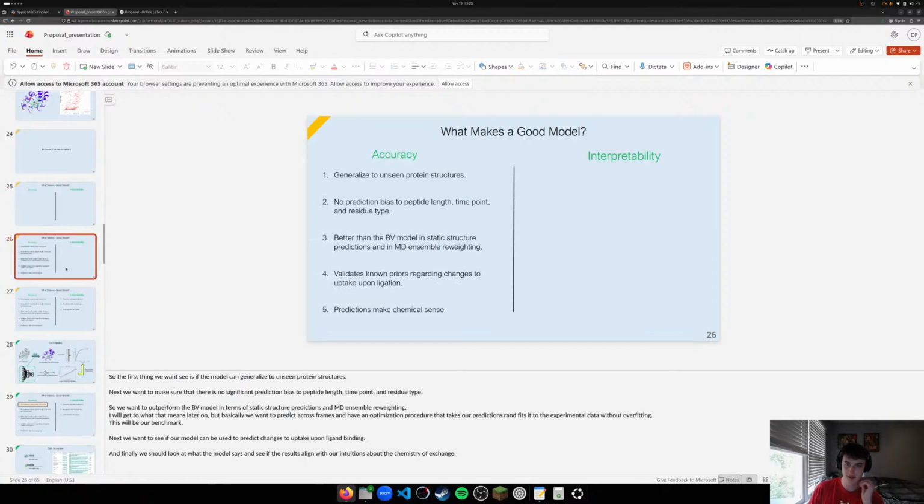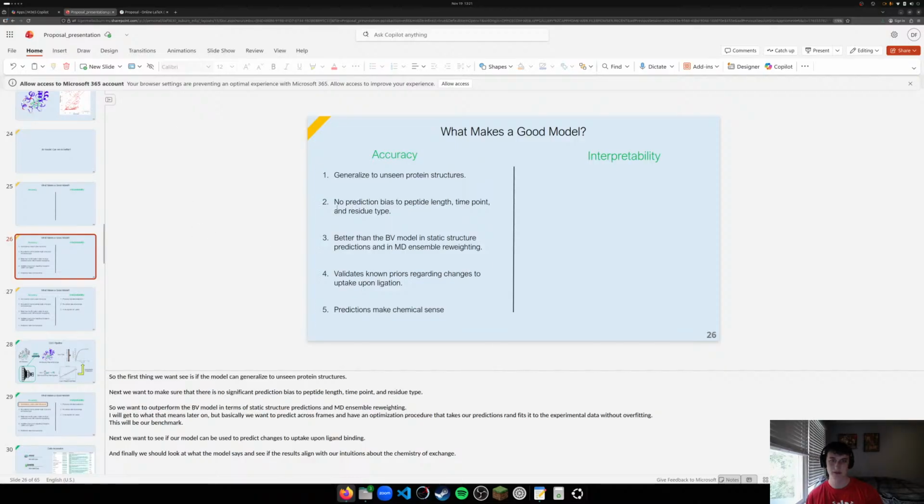Would they ask any questions here? Okay, why does it need to generalize to unseen protein structures? Because that's the only way we can know if the model is learning something.